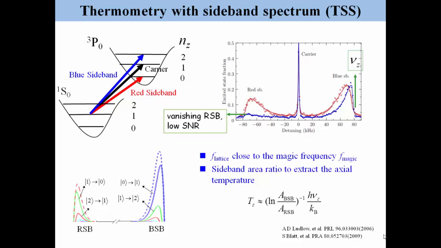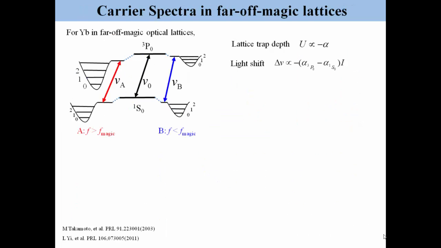And the time of flight method and the sideband method are not so accurate for measuring the temperature in the optical lattice, because the atom number is very low, and if the atom is very cold, the red sideband is vanishing, and the spectroscopy has a low signal-to-noise ratio. So we think the thermometry based on the carrier spectra may be a more reliable choice.